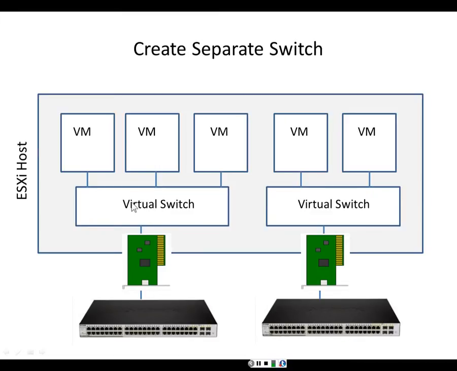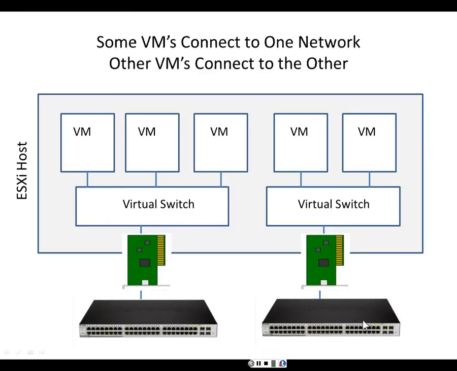Thus, this virtual switch would connect these virtual machines to this physical network interface card and to this physical network, and this virtual switch would connect these virtual machines to this physical network interface card, which connects to this separate physical switch. Some virtual machines connect to one network, other virtual machines connect to another network.